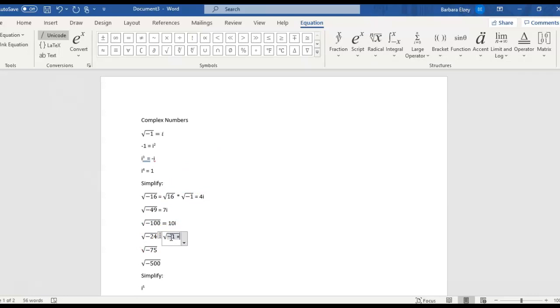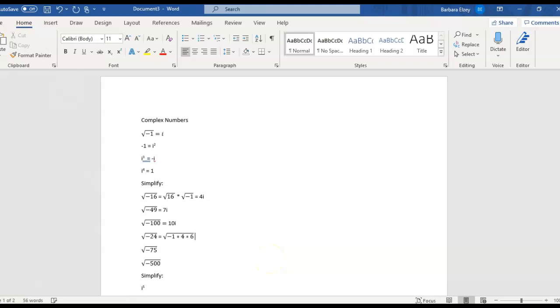And within those multiples of 24, we want a perfect square. So I could say 2 and 12, but neither one of them are perfect squares. However, 4 times 6 does yield me a perfect square with the 4. And if we can find a bigger perfect square, we want to use it. This one doesn't have a bigger perfect square, but we always want to use the biggest perfect square we can find when we write this out.